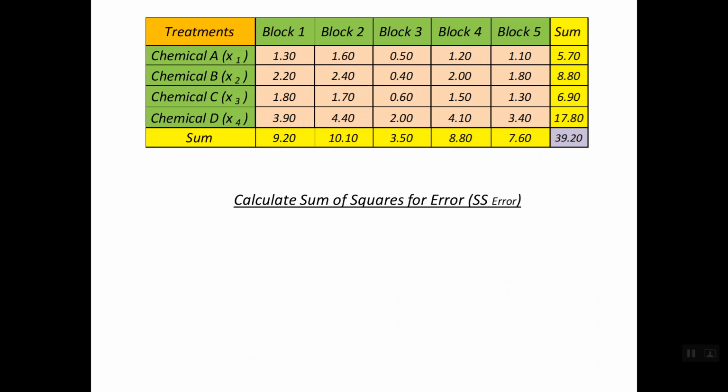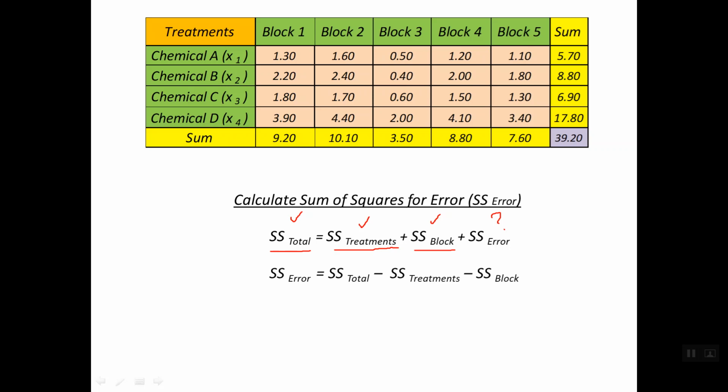Now we can calculate the SS for the error. We already calculated the value of the SS total. This is already known, and the same for the SS for the treatments, and the same as for the SS of the blocks. So SS error is the only unknown in this formula.